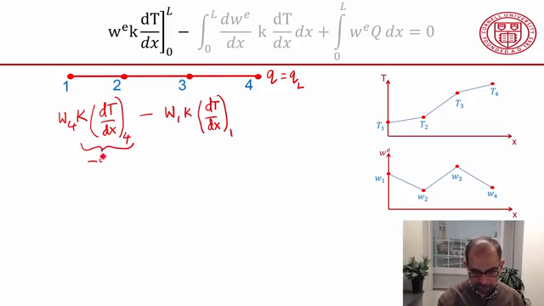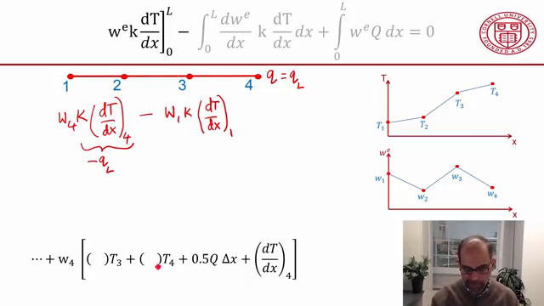In fact, that's just going to be minus q times qL from the Fourier's law. Which means that when I assemble all this into my final equations, and I've shown just the term that multiplies W4, I will get a term where I have the gradient at the right boundary over here.